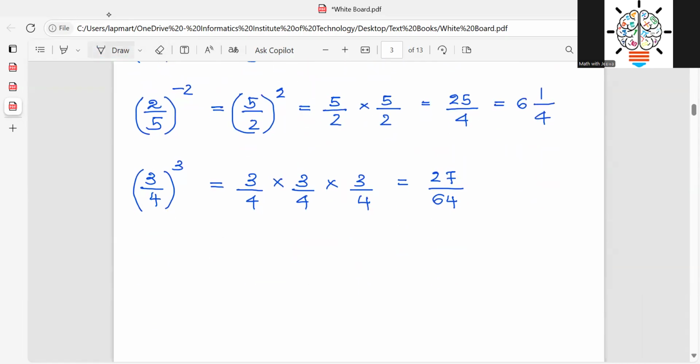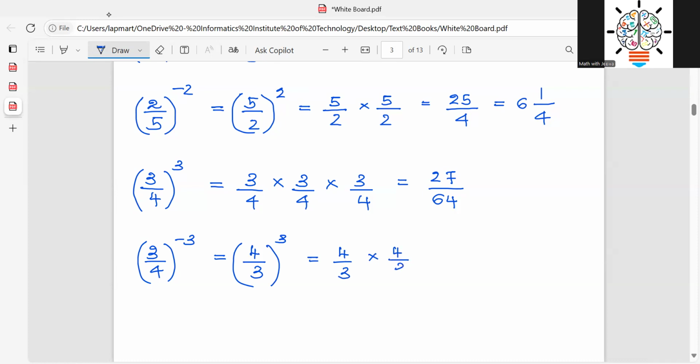The same way, if you have 3 over 4 to the power negative 3, we get the reciprocal, 4 over 3, so the negative 3 becomes positive 3. Then we write 4 over 3, 4 over 3, and 4 over 3 like this. So that becomes 64 over 27, right?